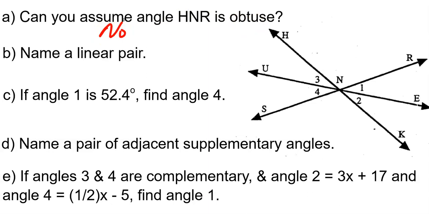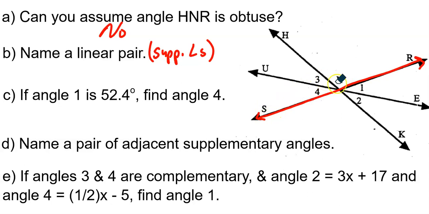Name a linear pair. What is a linear pair? A linear pair is supplementary angles. So a pair of supplementary angles is really what it's looking for. That's the exact same thing. So I'm going to pick out a straight angle here, a straight line, same thing really.